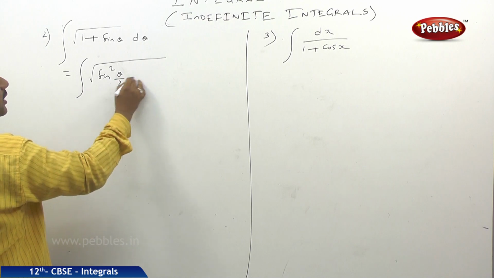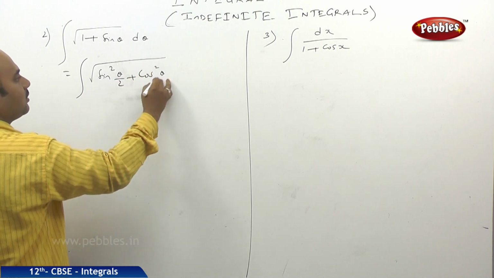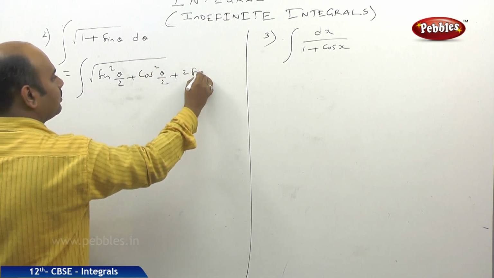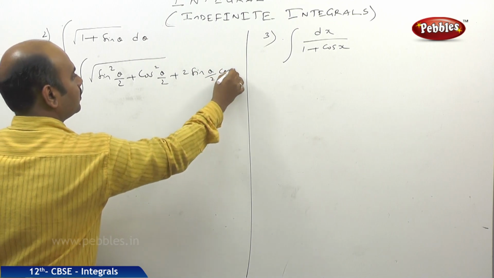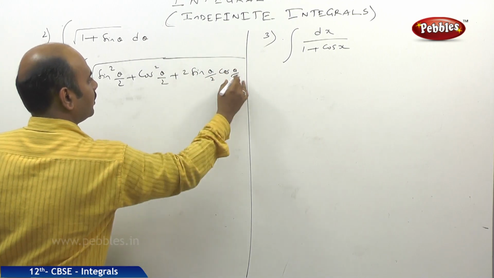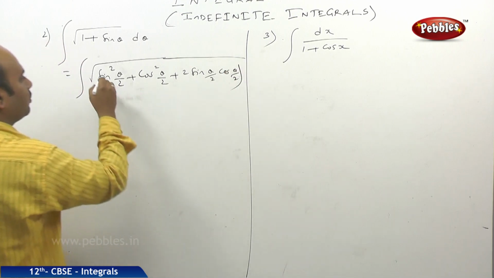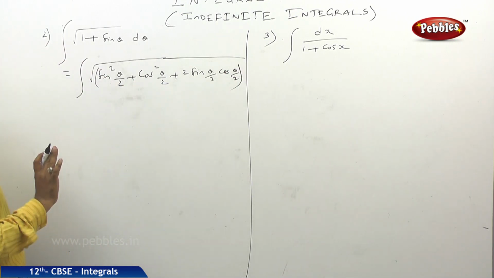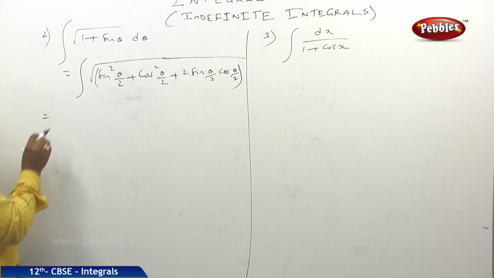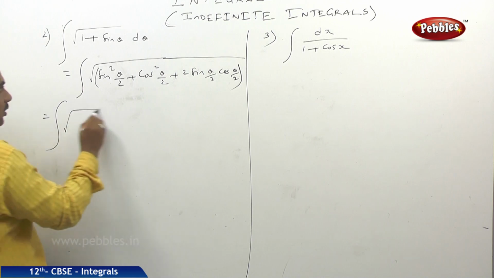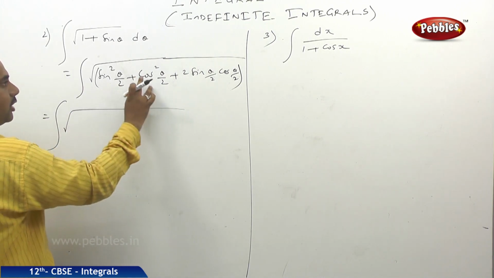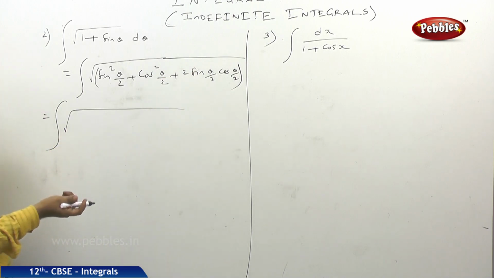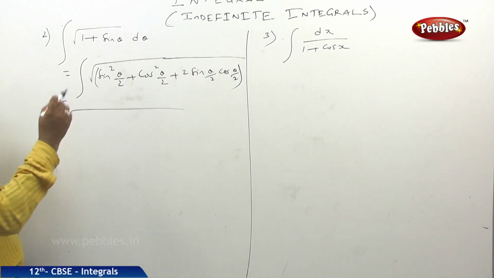So sin square theta by 2 plus cos square theta by 2 plus 2 sin theta by 2 cos theta by 2. And outside will be d theta, that is clearly understood, but I am not writing it here. So if you observe carefully, a square plus b square plus 2ab can be written as (a plus b) whole square.